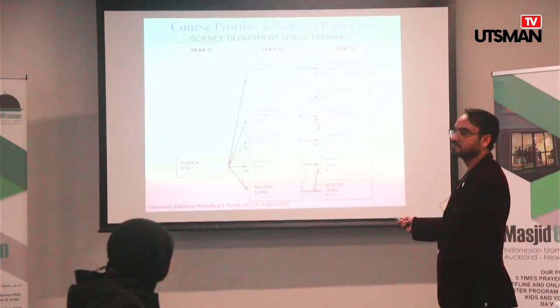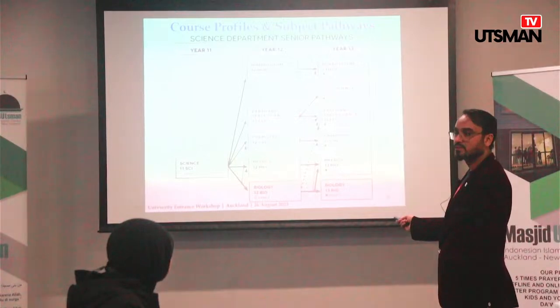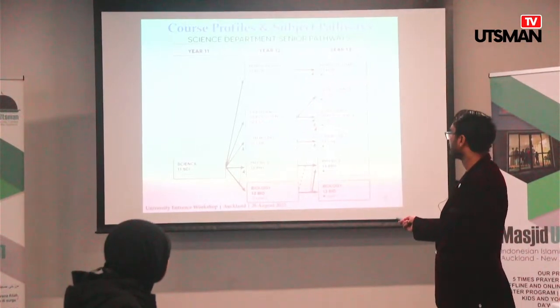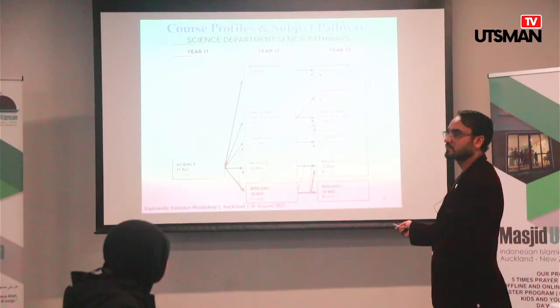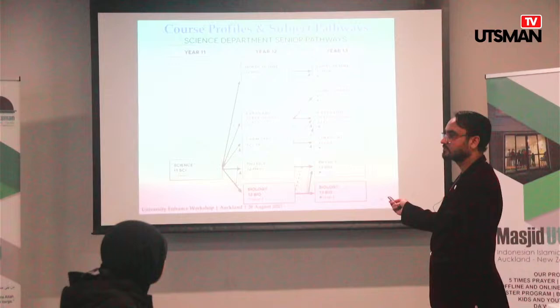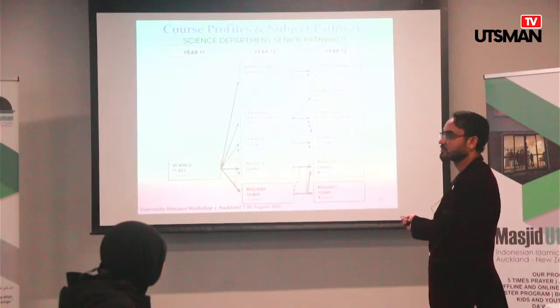It happens. So you need to be very careful about what he or she needs to do here. Because if he moves to horticulture, then you cannot come back to chemistry or physics.